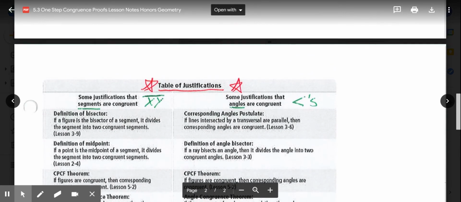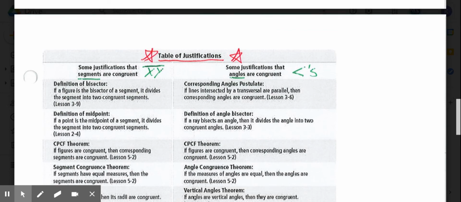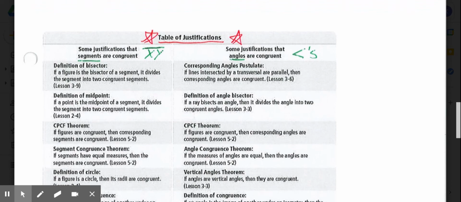So as you're going through the proofs, this table's here to help you. You also have those sections in the back of your book that are the different definitions, the different theorems, and the different postulates, which eventually will be a big help as we get deeper and deeper into different types of proofs.